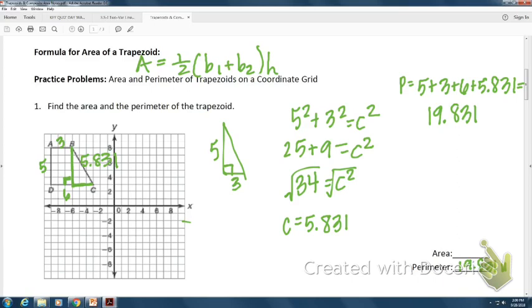Last year when I was grading tests, people would miss up to 12 points just because they forgot units. It's an easy thing to forget, but a costly thing to forget as well. If it has feet, inches, centimeters, whatever, you put that. But if it does not have anything, you just put a U, or you can write units. How do we find area of a trapezoid?